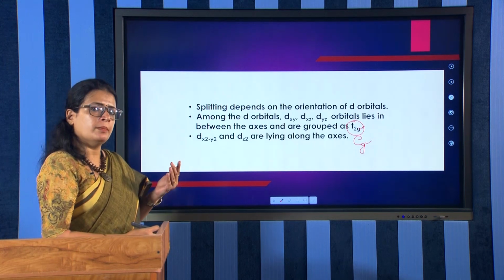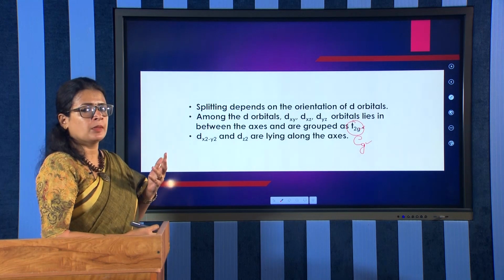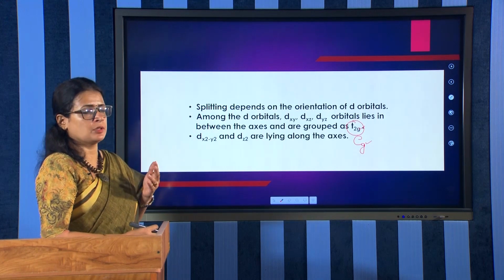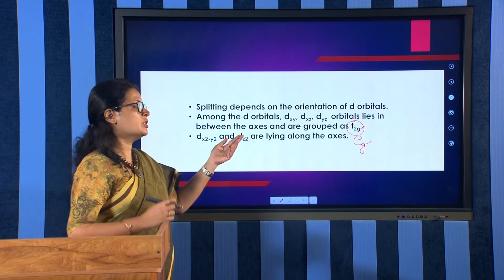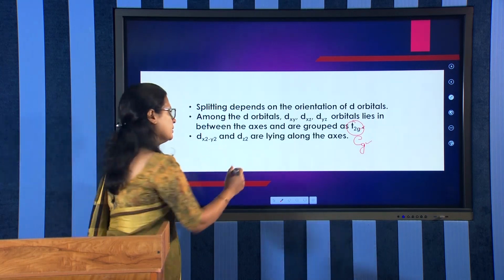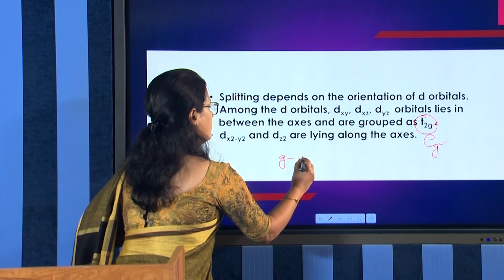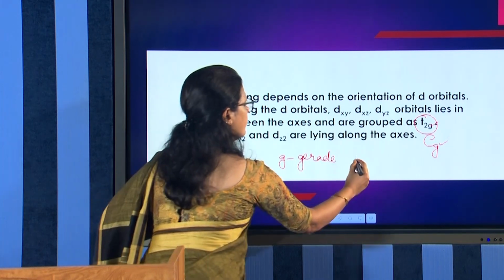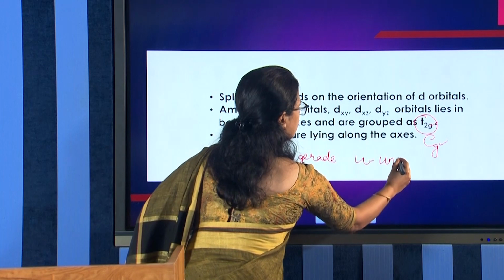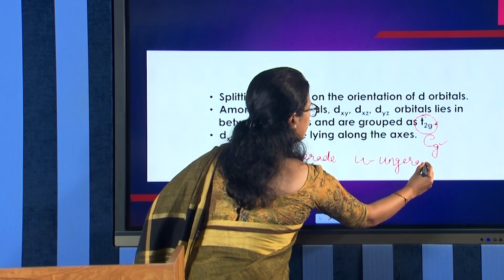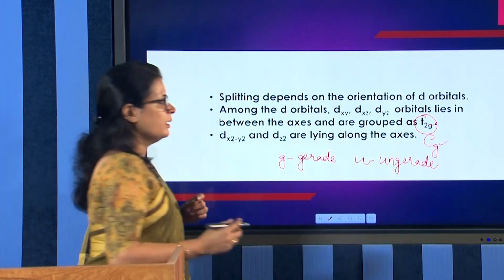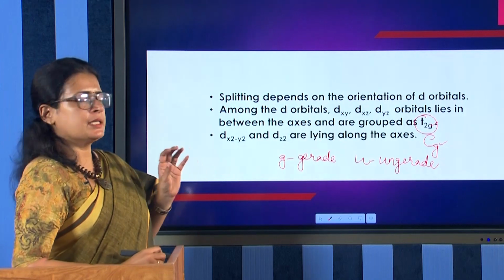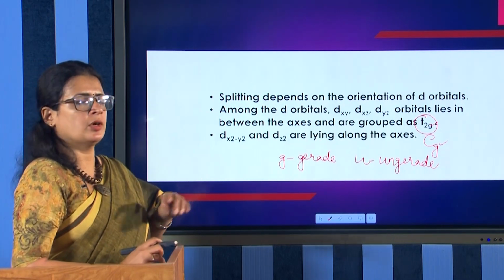Octahedral complexes are symmetric, and that is why you can use gerade. g means gerade, and u means ungerade. Gerade means symmetric, ungerade means it does not have any symmetry.